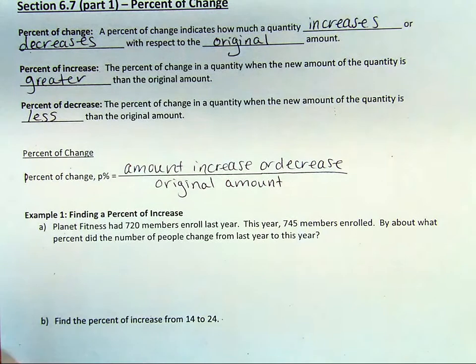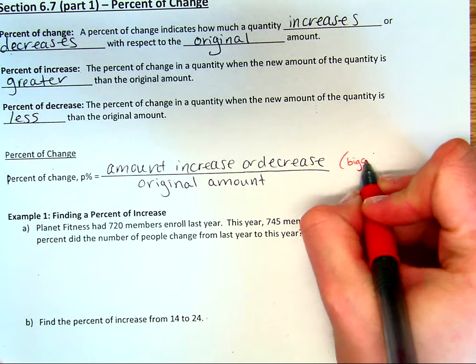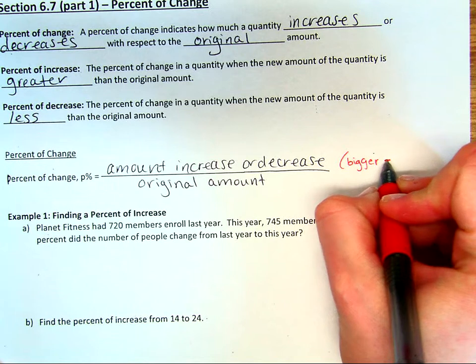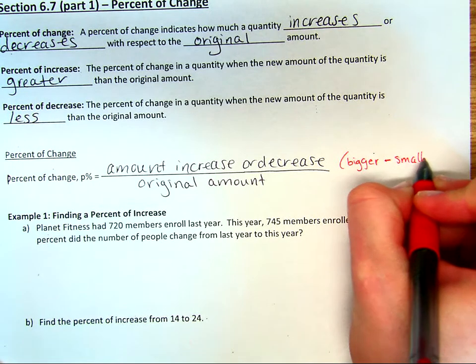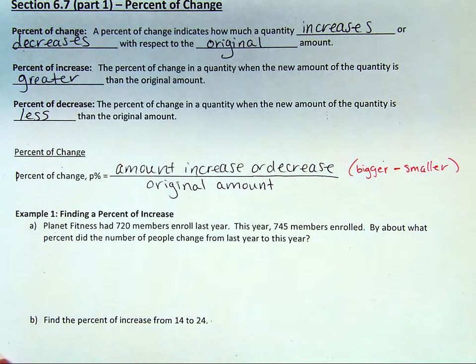And the way we get the amount of increase or decrease is you're always going to take the bigger number minus the smaller number. So bigger minus smaller, that's how we're going to tell if there's an increase or decrease.